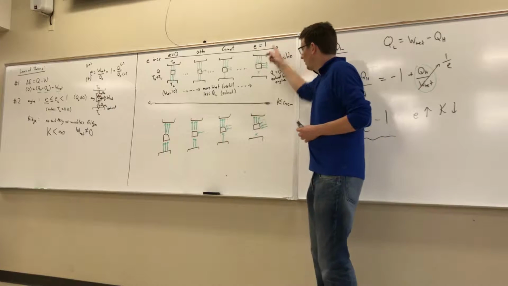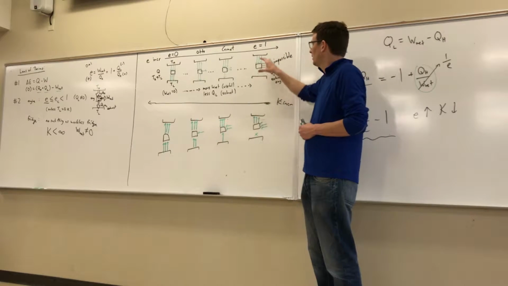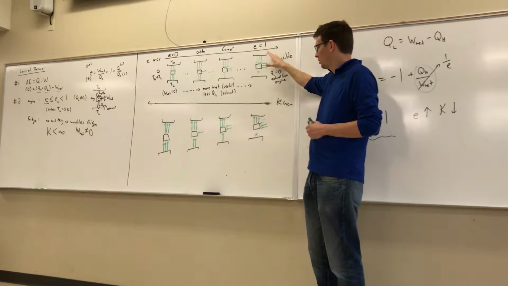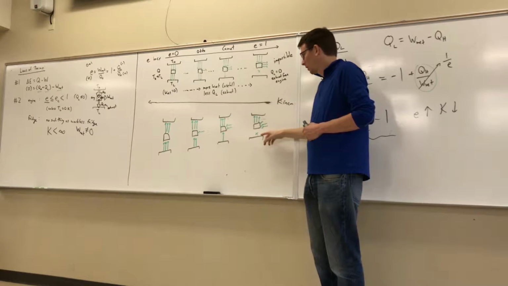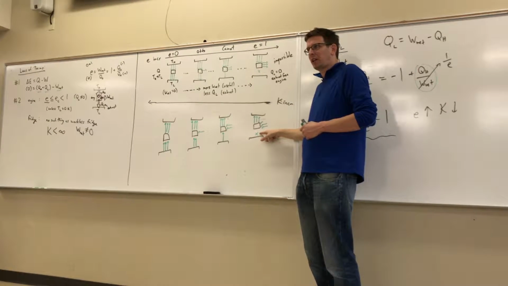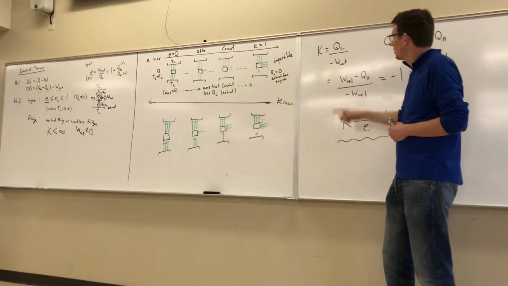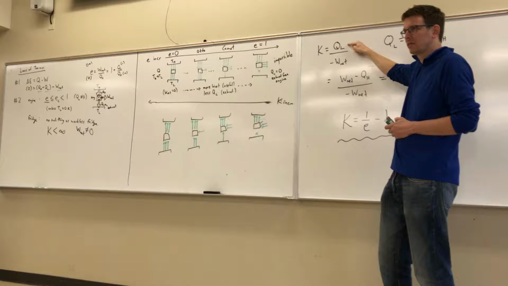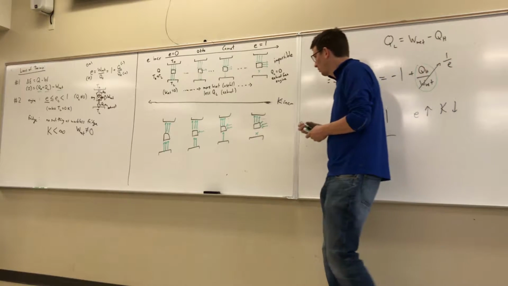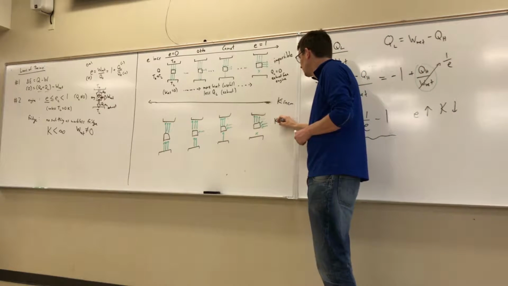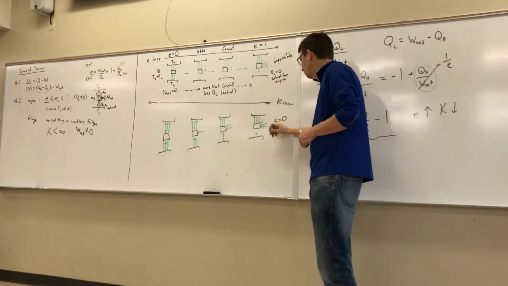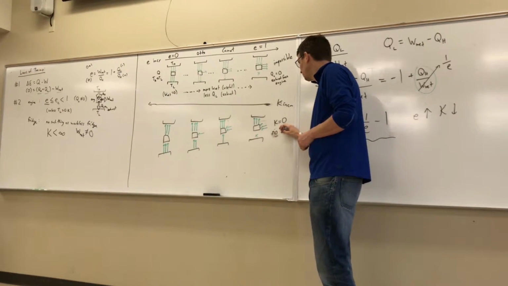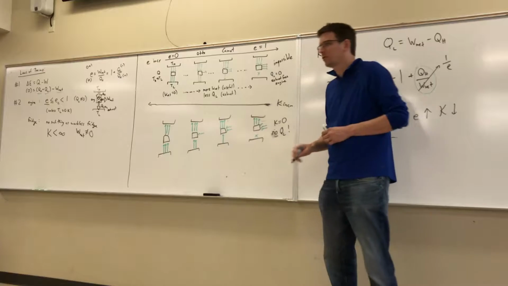Let's talk about this thing. This was the impossibly efficient engine. Now, there is absolutely no heat evacuated. There's no Q low at all. So what's my coefficient of performance on this thing? It's 0, okay? Because there is no QL, which is the very thing that you're trying to accomplish.